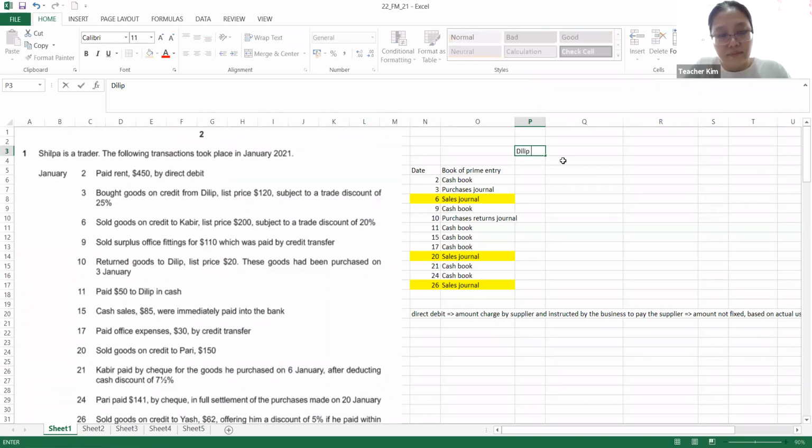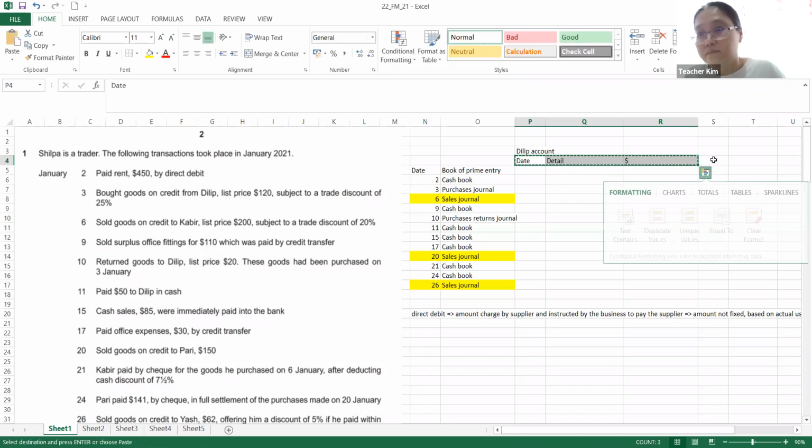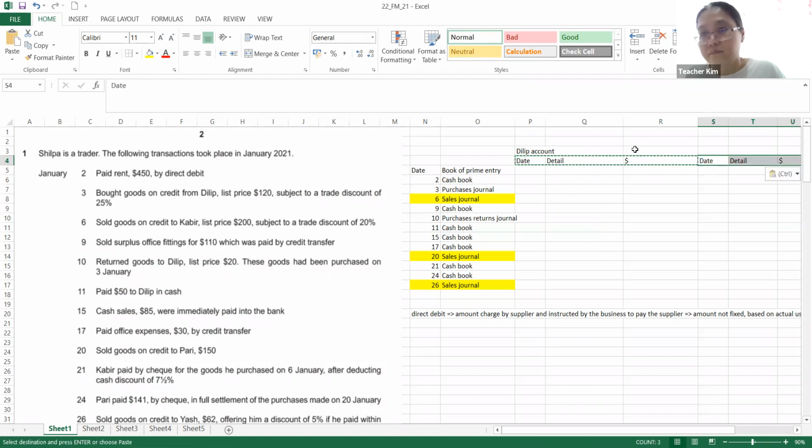Account, here. Dollar. Okay. It said no opening balance. The first transaction we have here is purchases, and purchases returned.